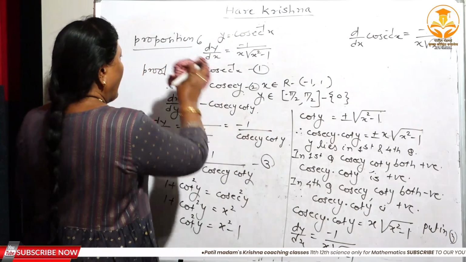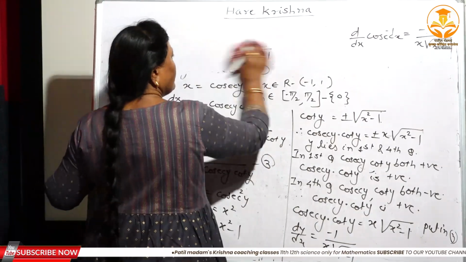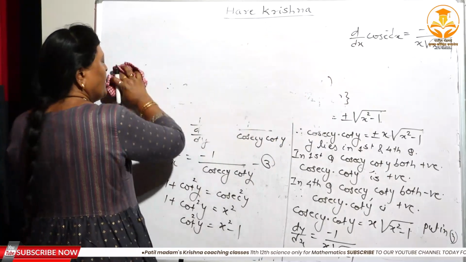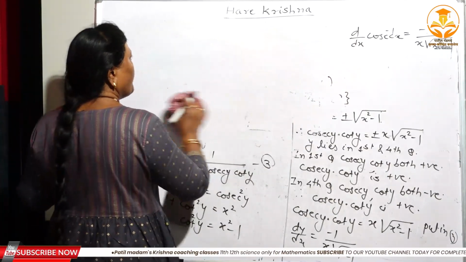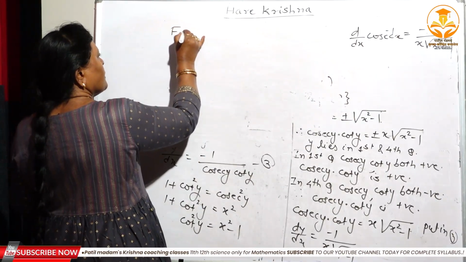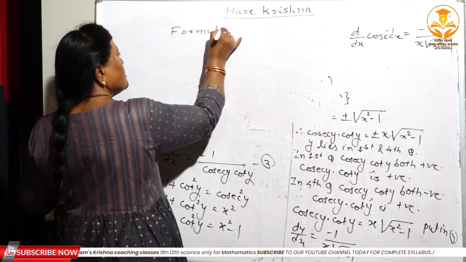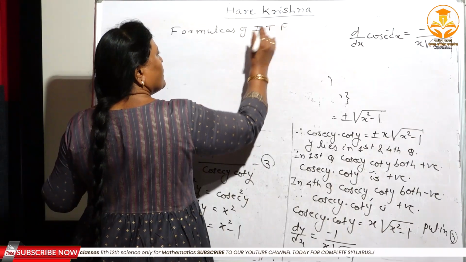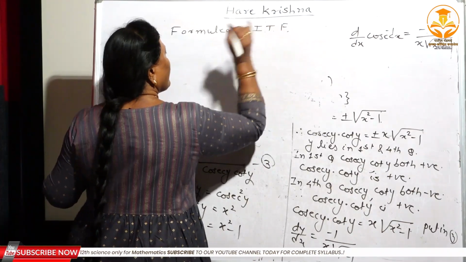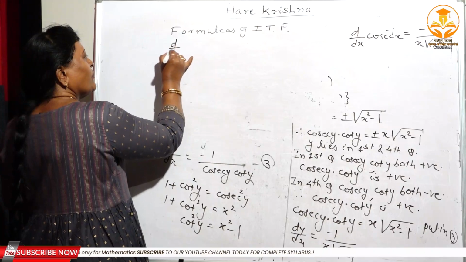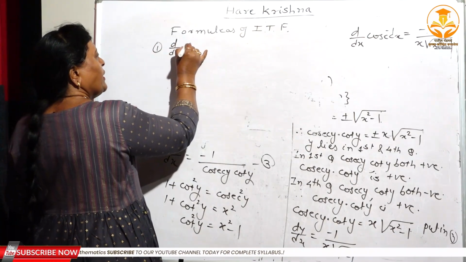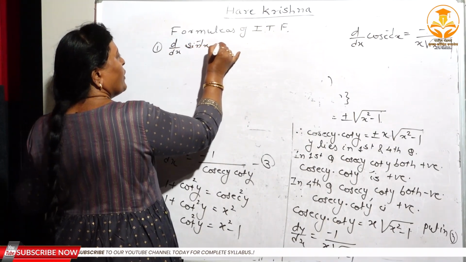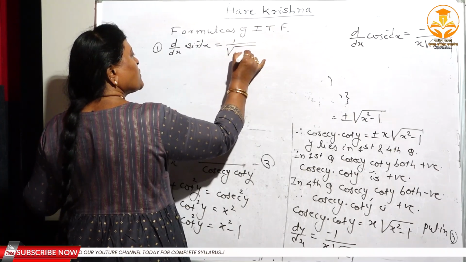Therefore, I will give the list here, that is the formulas of the inverse trigonometric function (ITF). First, d/dx of sin inverse x is equal to 1 upon root of 1 minus x square.